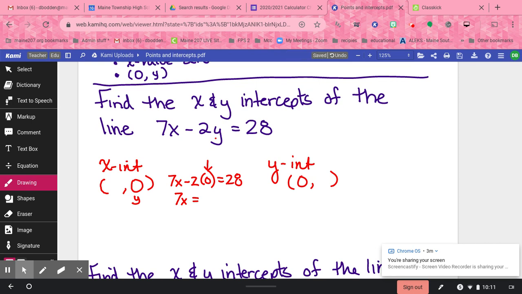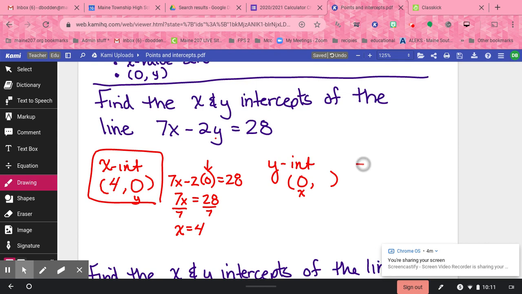So this is just 7x equals 28. Divide by 7, x equals 4. So my x-intercept is going to be at (4, 0). That answer is complete.